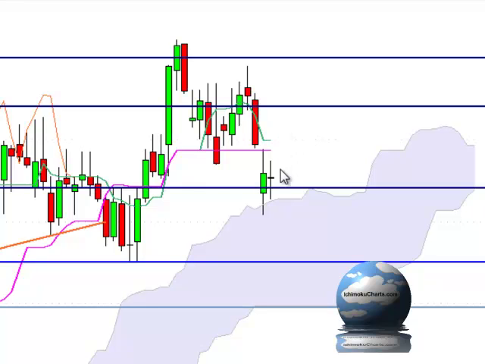In candlestick terms, this is a harami type pattern, and that's where the body of the current candle is engulfed by the body of the previous candle, or the body of the current candle is completely within the body of the previous candle. And that's a reversal pattern because it means that the side that was making the net progress on the previous day has failed to make that net progress.